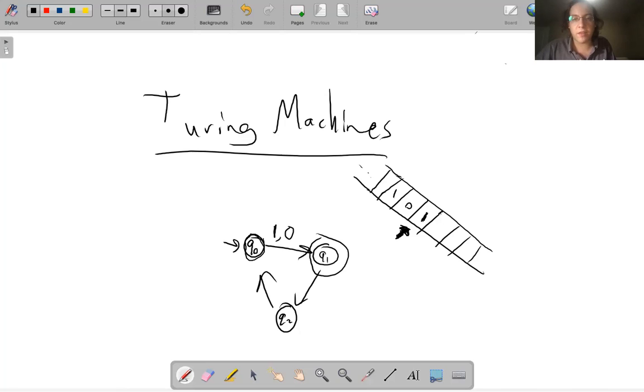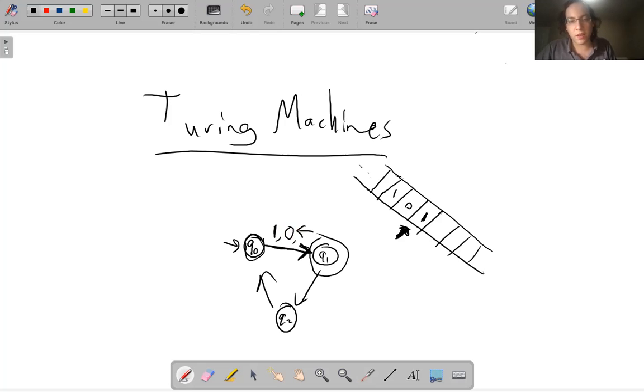So we'll denote it by a left arrow. Okay, so this 1 transition from Q0 to Q1 tells us the information that if we were at Q0 and we see a 1 at the tape position, at the head position on the tape, then we're going to write a 0. So we're going to write a 0 on the tape, and then we're going to move left on the tape. And then we will also transition to Q1 afterwards.